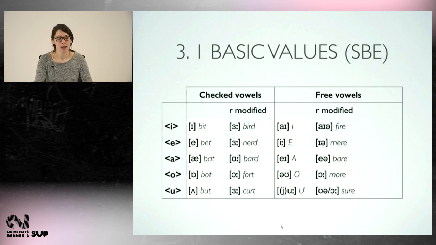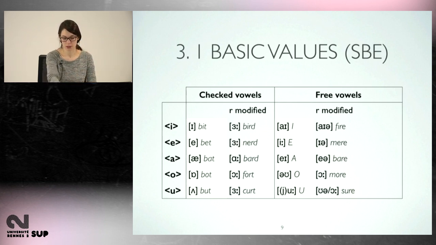But today it's being replaced more and more by the o vowel, which is a long vowel. So that sure may actually be pronounced in two ways, depending on your variety. So you can see that there's a parallel in what happens with checked vowels and free vowels.